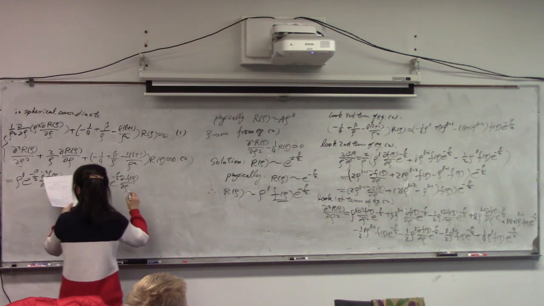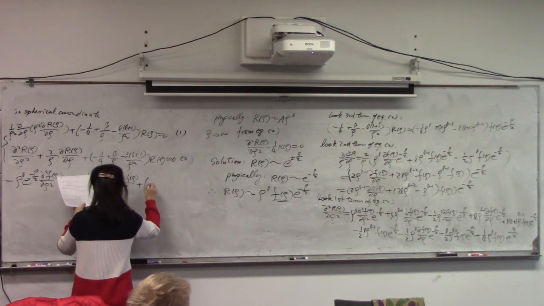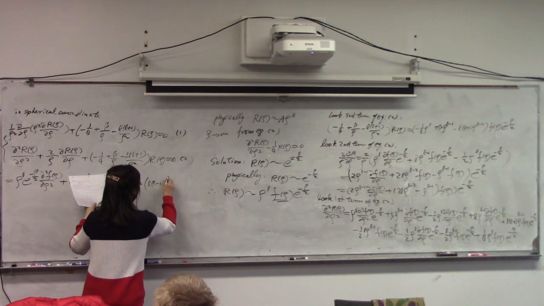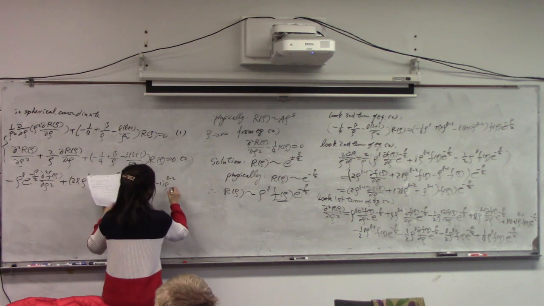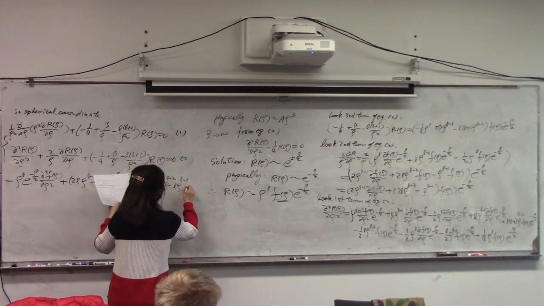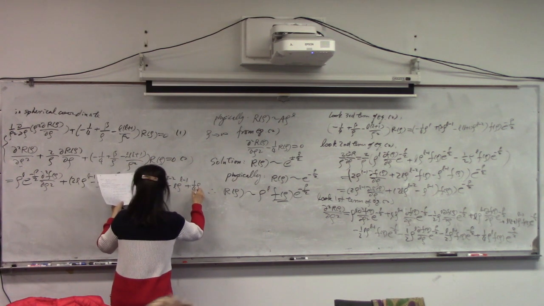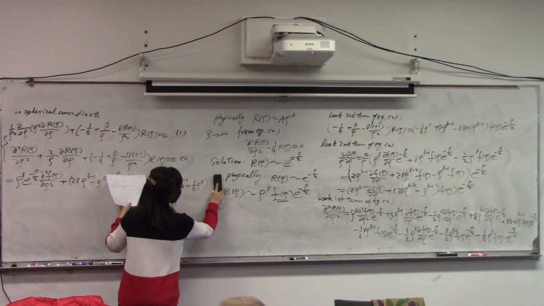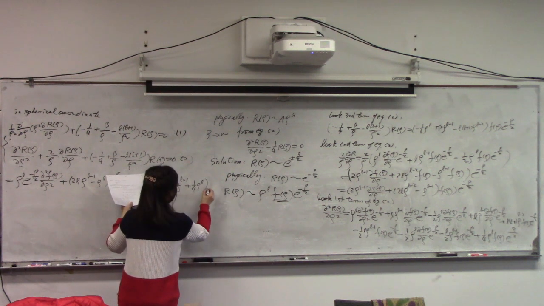And the zeroth order is L minus 1, L rho to the L minus 2, minus L rho to the L minus 1, plus quarter rho to the L, exponential.